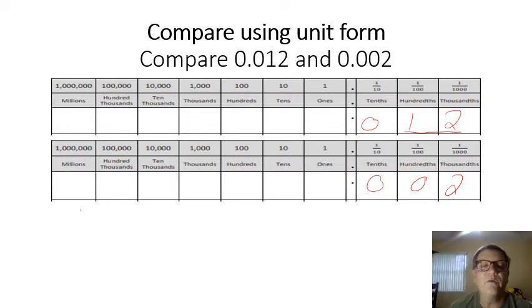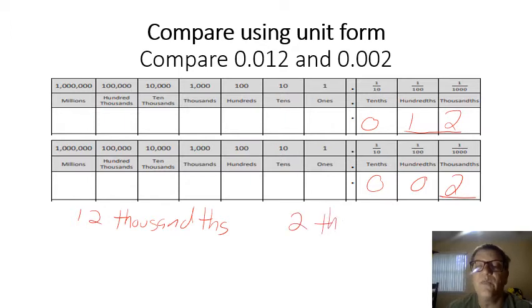So I'm going to write that down, 12 thousandths. And the THS makes a decimal fraction. Now, when I look at the second one, I can see this is just 2. So this can be 2 thousandths. Now I can see that 12 thousandths is greater than 2 thousandths.